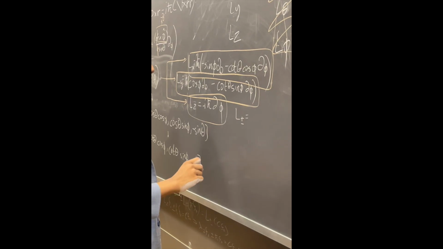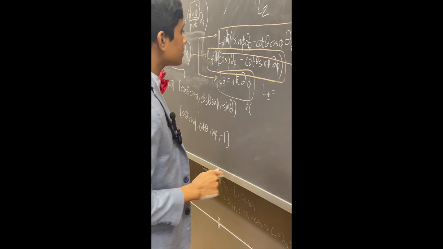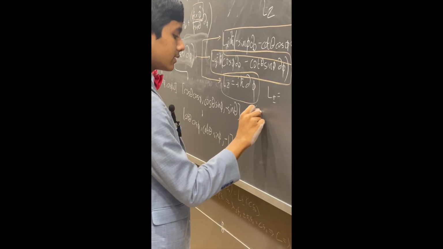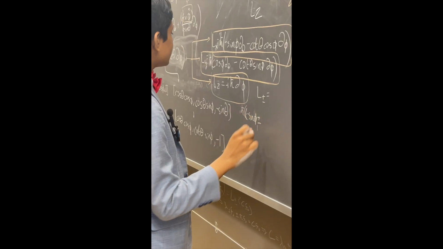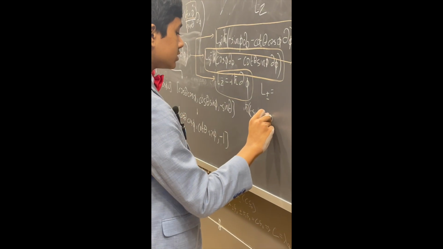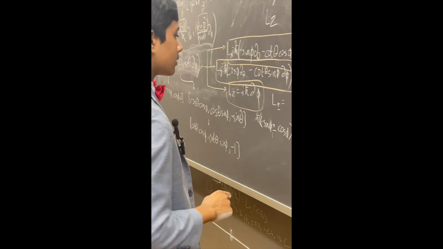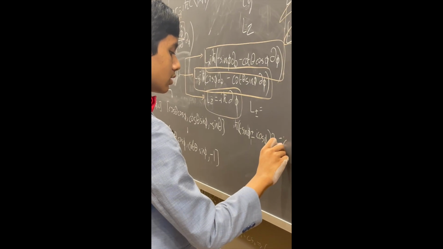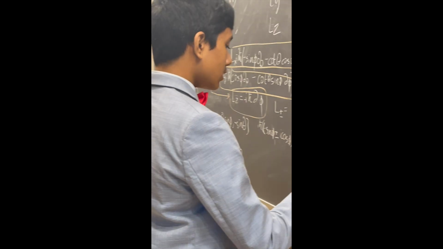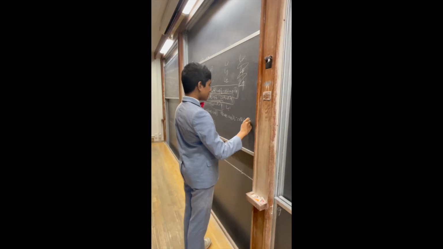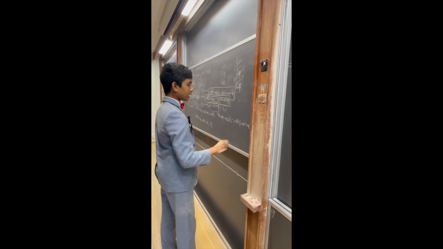Well, Lx plus minus i Ly, which is i h bar multiplied by minus sine phi plus minus i cosine phi partial theta, minus cotan theta times cosine phi plus minus i sine phi, multiplied by partial phi.